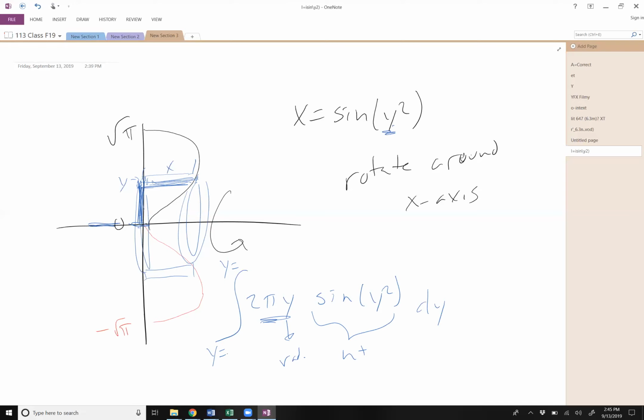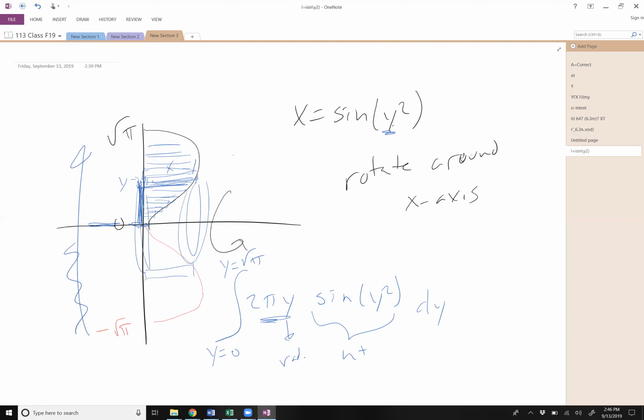Now, what are my bounds going to be? 0 to the square root of pi. Why? I'm not going to go from negative square root of pi all the way up to the square root of pi, because I just need to take the slices right here of this region and spin all those around to generate my entire solid.